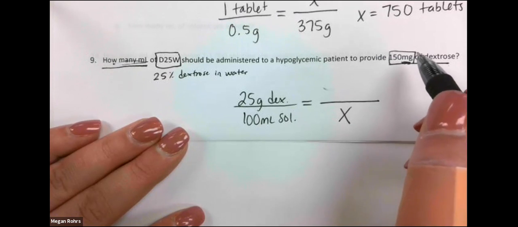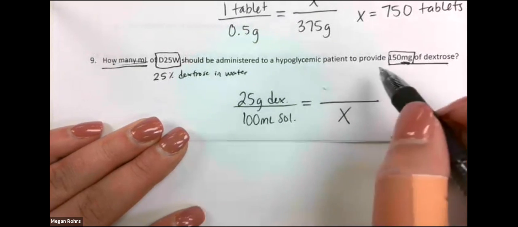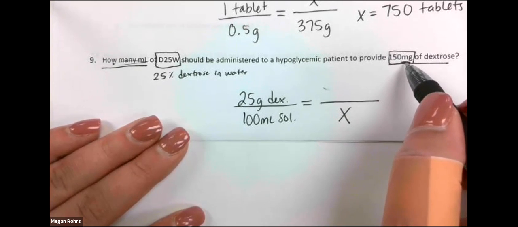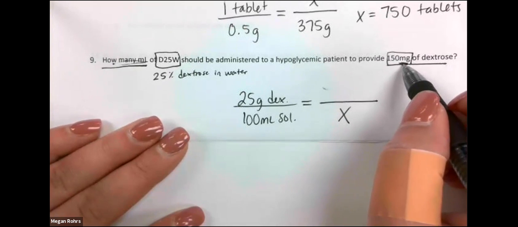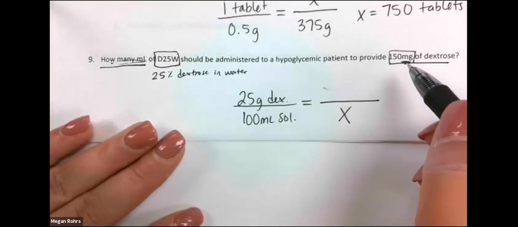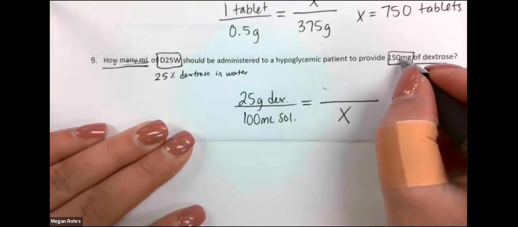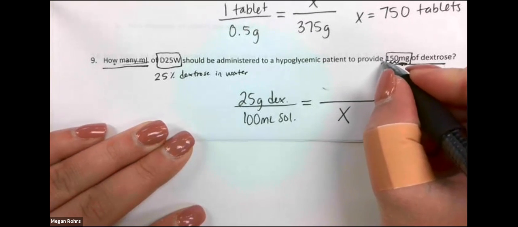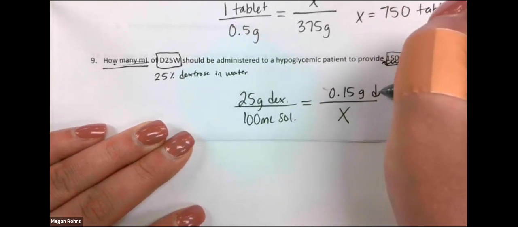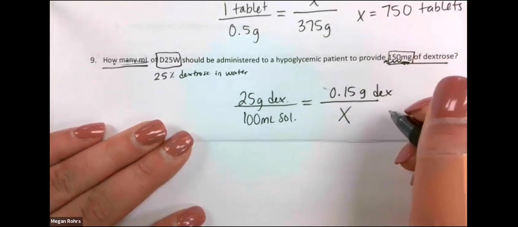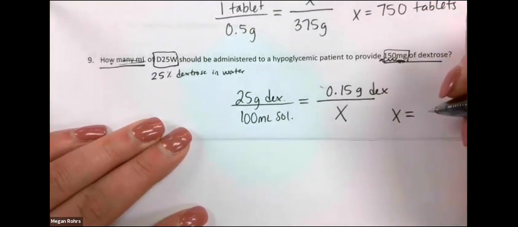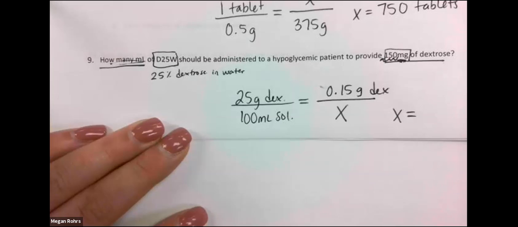I think it'd be easiest since I already wrote this down in grams. Let's convert this into grams as well. So when you're going from milligrams to grams, you're going to the left 3 places, or you're dividing by 1,000. So 1, 2, 3, that would give us 0.15 grams of dextrose here. And with that set up, you should be able to now solve for x.